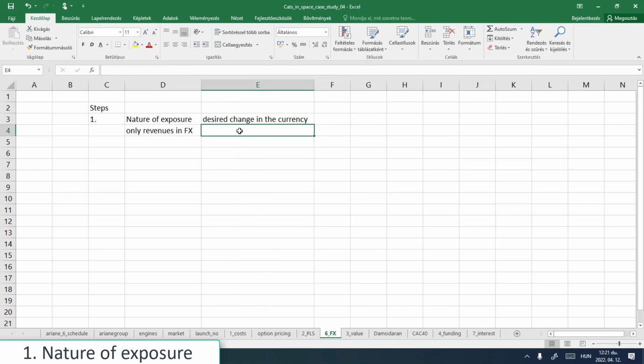So if you have only revenues, then the depreciation of the currency, in this case the euro.